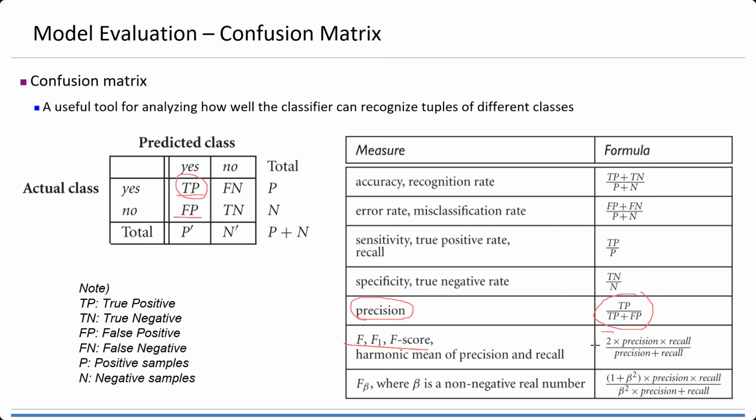It is 2 multiplied by the precision, multiplied by recall, divided by precision plus recall. I will skip F beta, because we need some weight to determine the F beta.